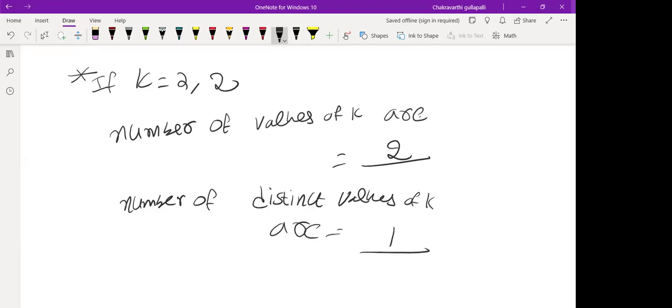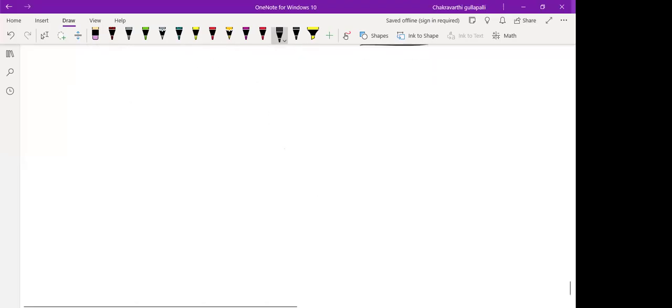This is the difference. Number of real values of K is 2, 2, but both are equal, so distinct values is only 1. Real values means 2, repeating 2 times. Whenever the word distinct is used, you count only once.